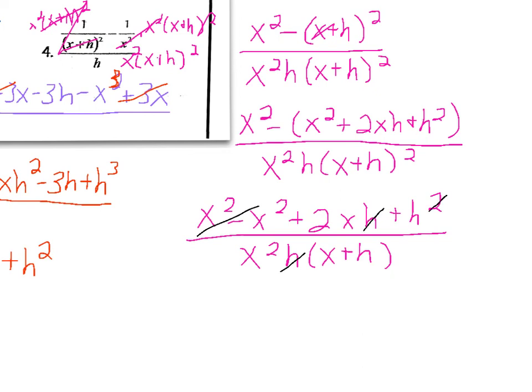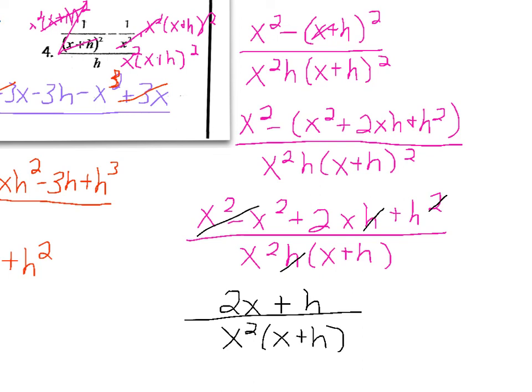So we're left with 2x plus h over x squared times x plus h. And that is the simplest that we can simplify it.